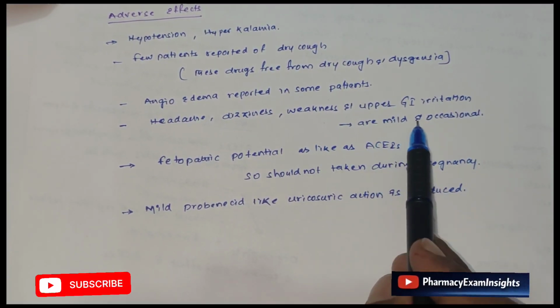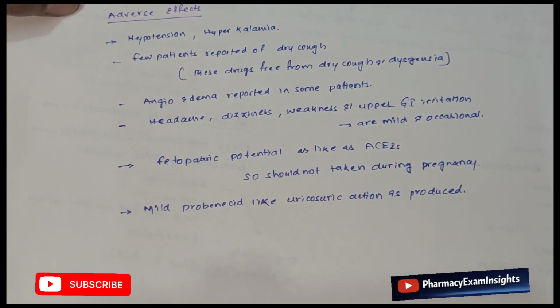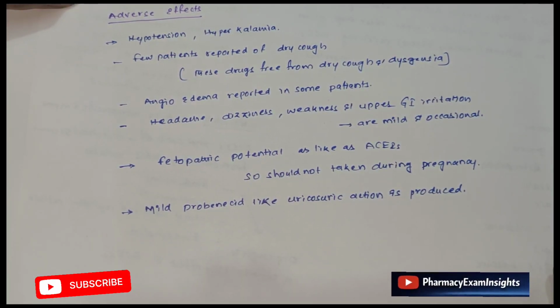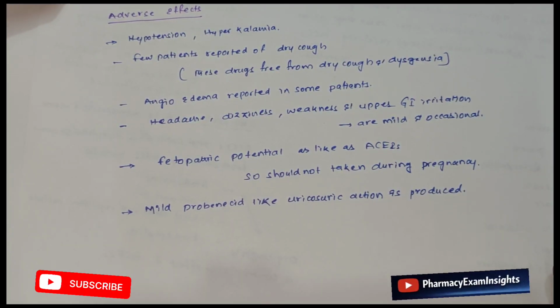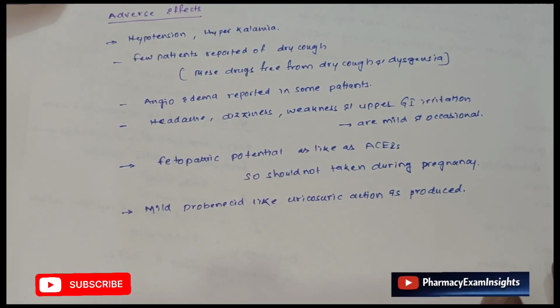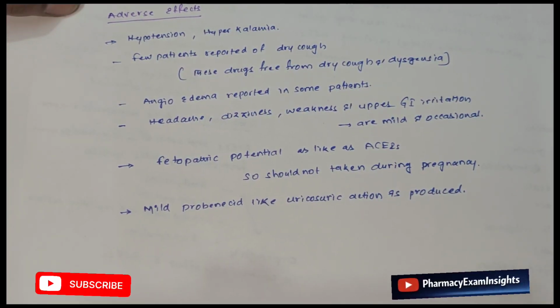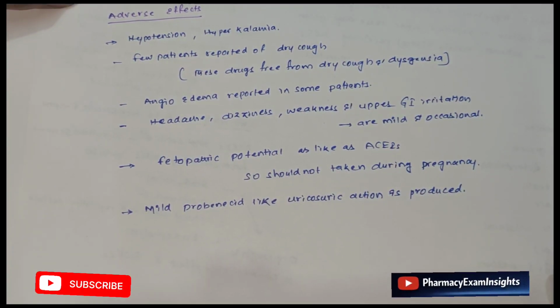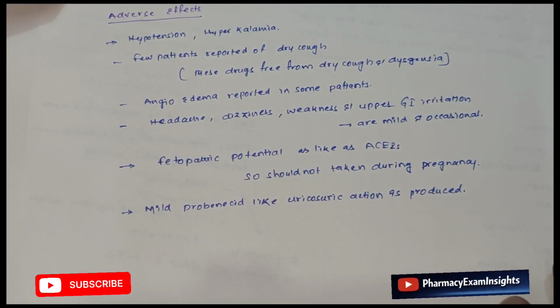Angioedema is reported in some patients. Headache, dizziness, weakness and upper GI irritation are mild and occasional. Fetopathic potential is observed as with ACE inhibitors, so these drugs should not be taken during pregnancy. Mild probenecid-like uricosuric action is produced.